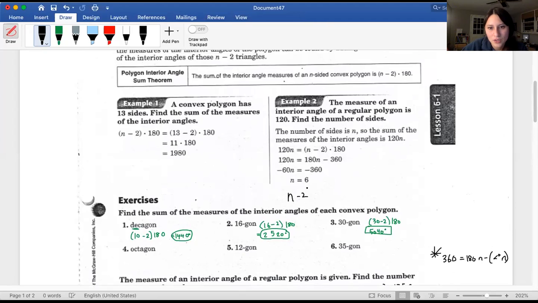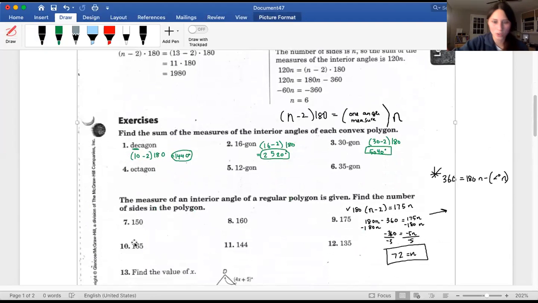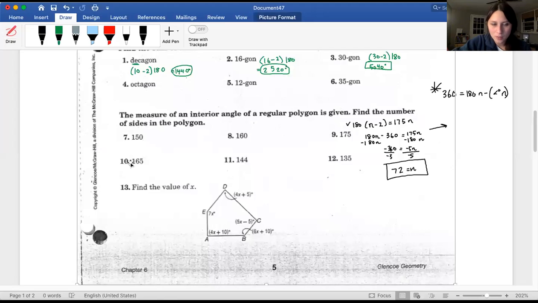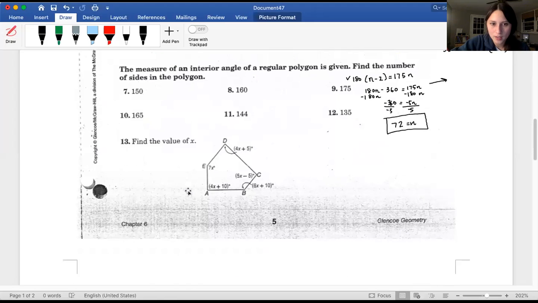N minus 2 times 180 equals 1 angle measure times n. Okay, so this angle measure is 165. That would go right here. All right, so you can keep going. 10, 11, and 12. You can pause and work those out.